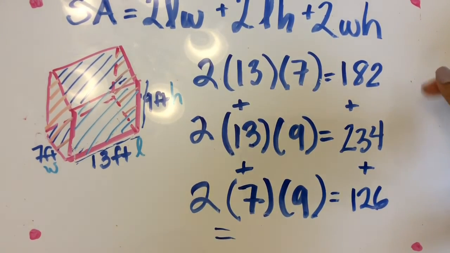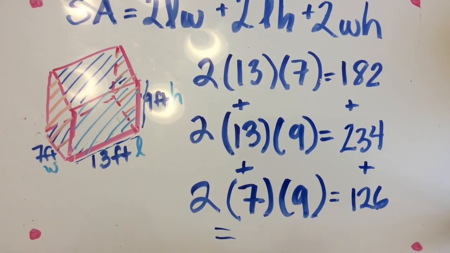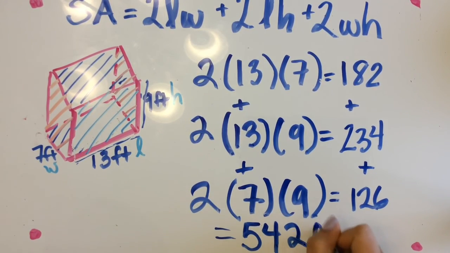Okay, I found the product of each of these, so now I'm just going to add them together, and I get 542 feet squared. And that's it. That's all there is to finding the surface area of a rectangular prism or any cube.